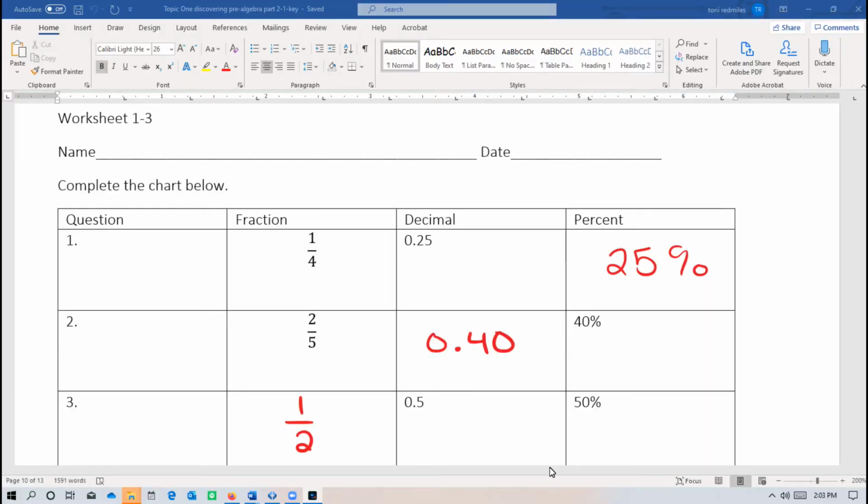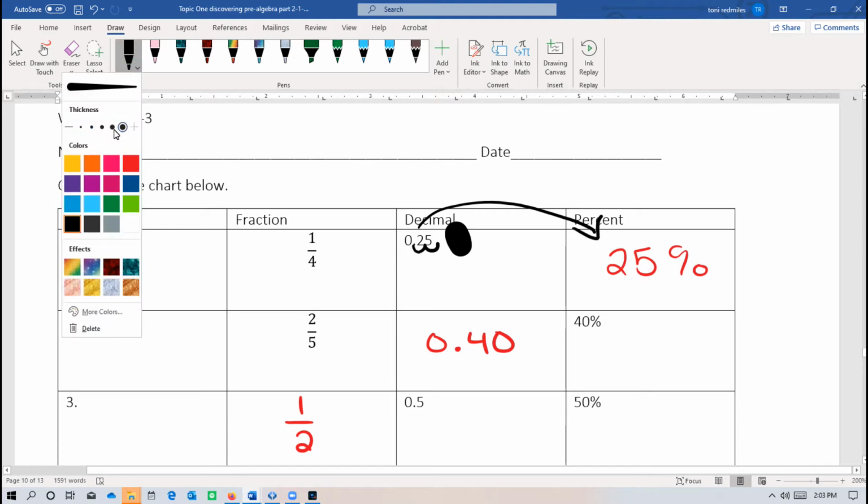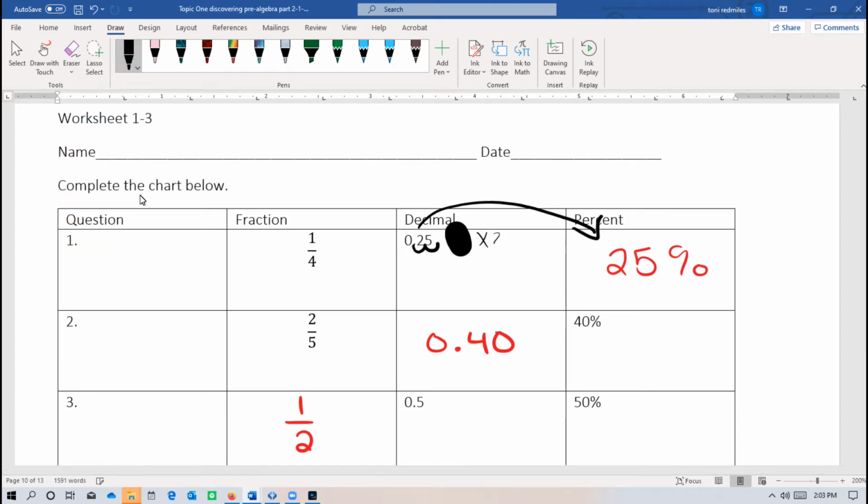So in this one, we're going to first turn using the decimal, and then we're going to turn using the fraction. So in this one, we're going to turn this to a percent using the decimal. I'm going to just move the decimal place 2 places to the right.